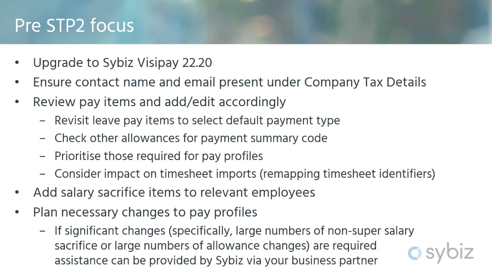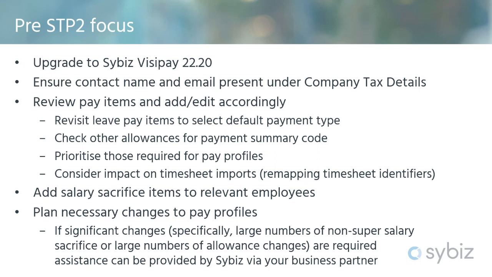So as I mentioned earlier, if you do have a lot of non-super salary sacrifice or a large number of allowances that require changes, then Sybiz can provide some assistance via your business partner. But pretty much everything else, we're pretty sure there's not going to be a huge burden in terms of changes that are required.